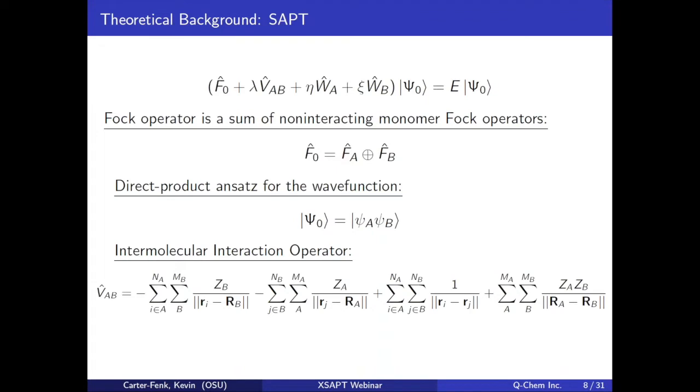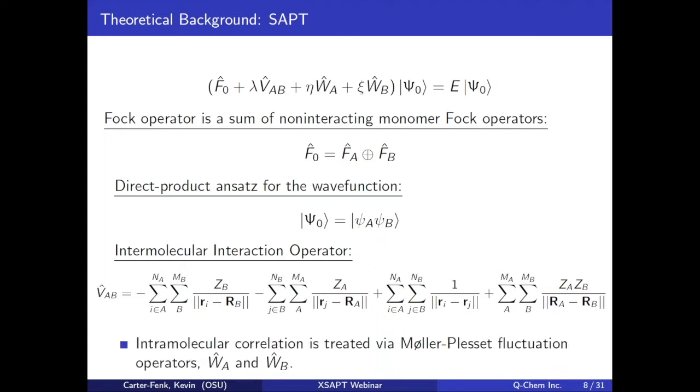And this perturbation is really what we're interested in here. This is the intermolecular interaction operator, VAB. So this captures the interactions between the electrons and nuclei on fragment A with the electrons and nuclei on fragment B. And lastly, the terms WA and WB in the equation above are the Møller-Plesset fluctuation operators.